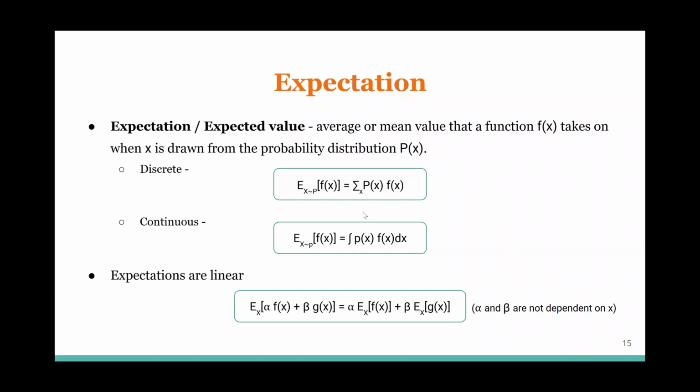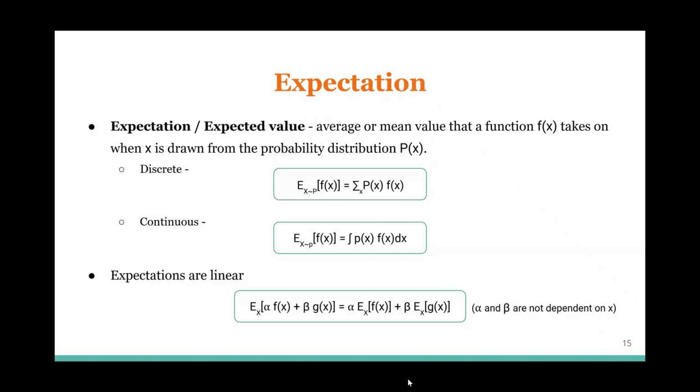Here the expected value is a generalization of the idea of a mean value, but it might not always be the value that centers the distribution. The formula is the function times the probability distribution, summed over it.